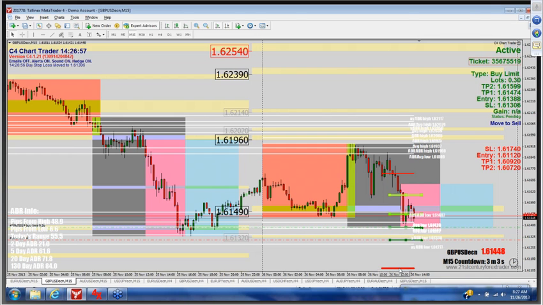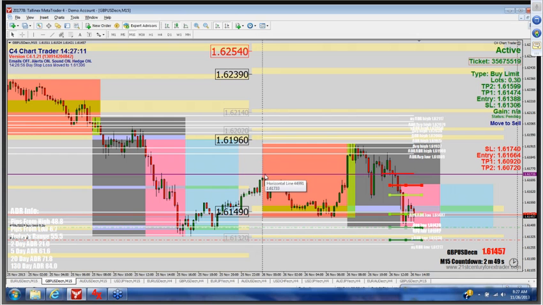All right, and then we'll bracket in a sell, and we have a sell order that we can bracket in. If we look right through here, we're actually up a little bit higher than that.